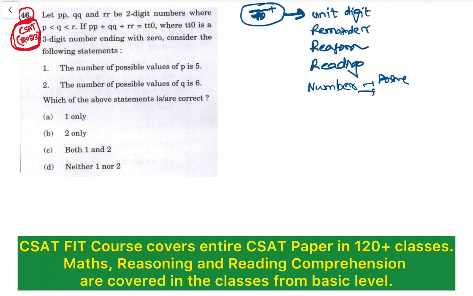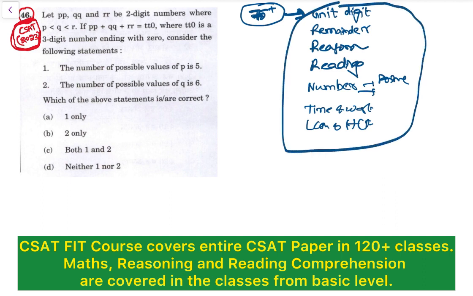Then things like time and work, LCM and HCF. Any questions could come on topics in which you are confident, and you need to focus on those first. You need to identify about 20 questions from maths and do them.